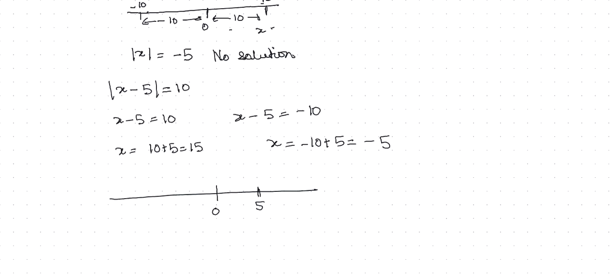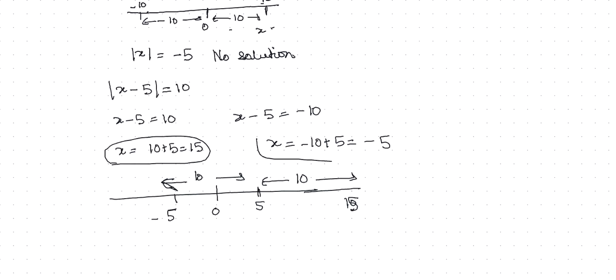So this particular equation means from 5, it is 10 units away. Which numbers will satisfy it? This is negative 5 and this is 15. So we see the distance between this is 10 and the distance between this is 10. Okay, so two answers are there. x can be either 15 or x can be negative 5.